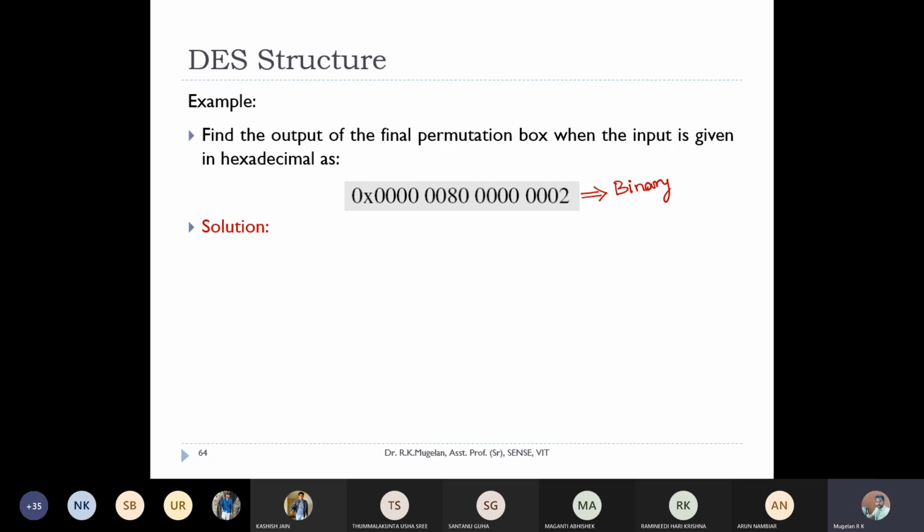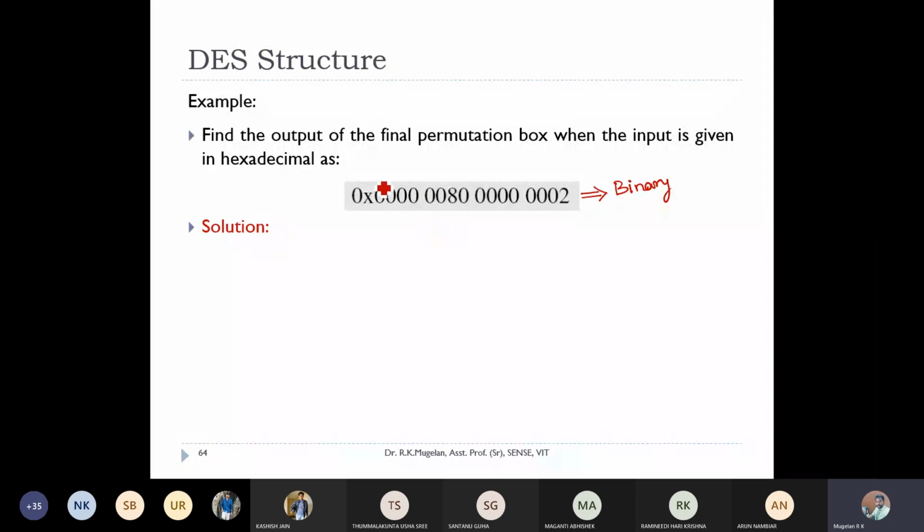If this is a hexadecimal value, you have 16 characters here. If you convert them into binary, each character will be 4 bits, so totally you'll be getting 64 bits.